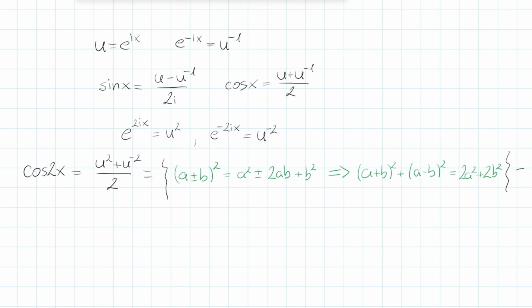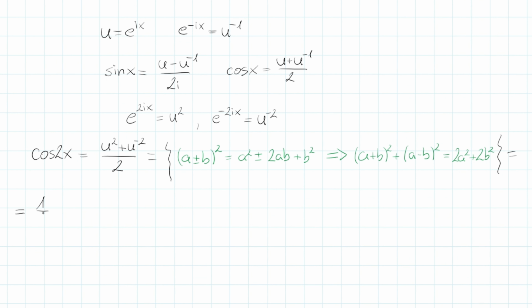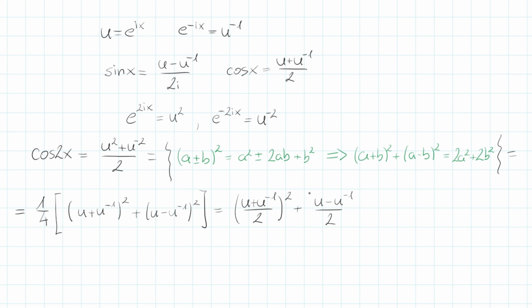Let's use that on our cosine. There's an extra 1/2 factor, and then u plus u to minus 1 squared plus u minus u to minus 1 squared. Factoring 1/4 inside the brackets, we find u plus u to minus 1 over 2 squared plus u minus u to minus 1 over 2 squared.